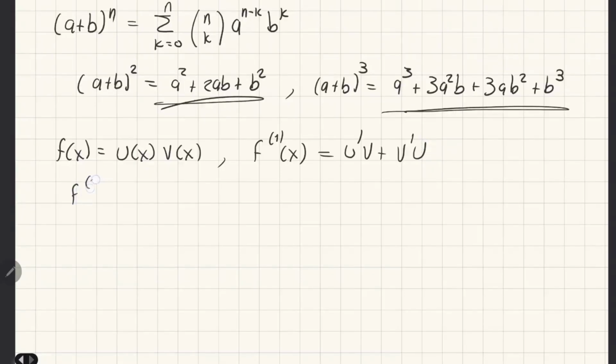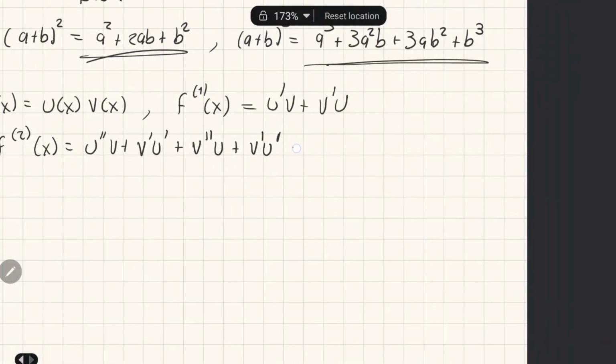And then, for example, the second order derivative of f(x) is going to be u'' b plus b' u', plus b'' u plus b' u', right?